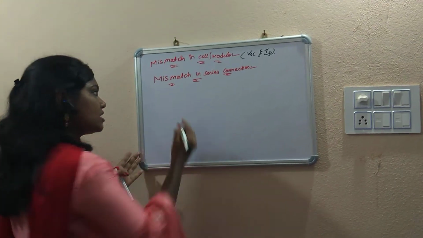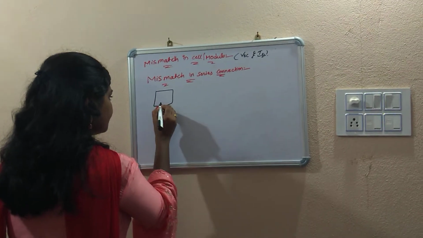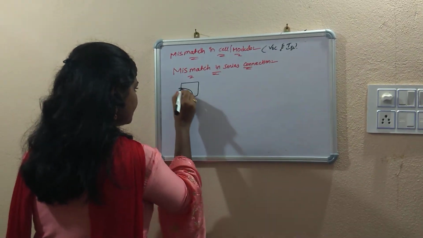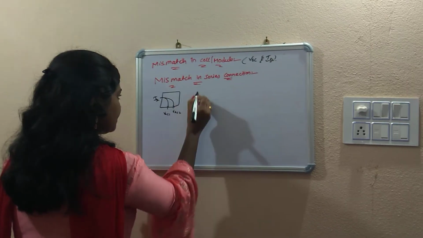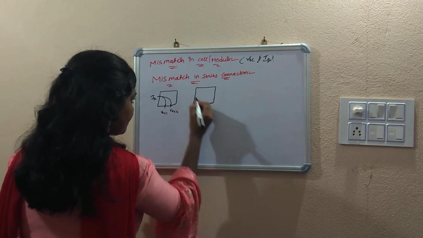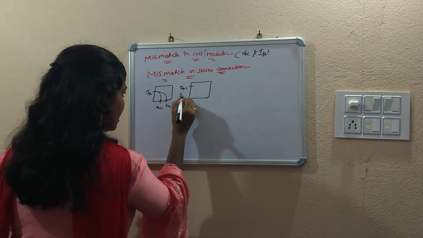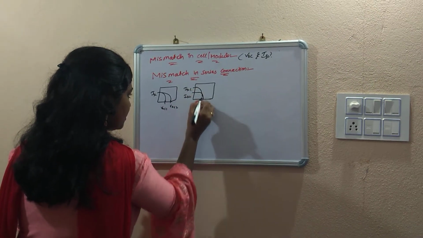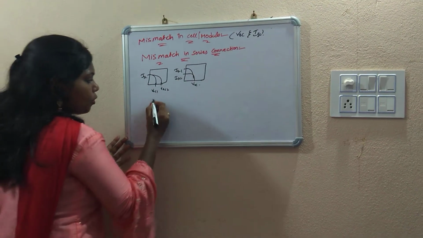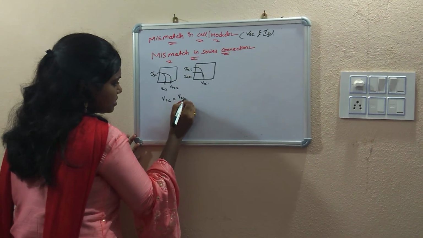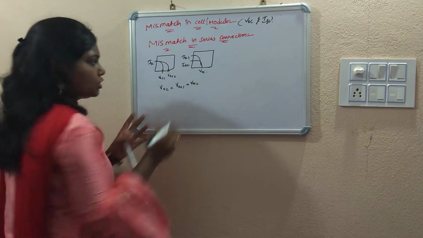For the mismatch in series connection, we have two graphs with V_OC1, V_OC2 and I_SC1, I_SC2. The output voltage is equal to the sum of the voltages of the two cells.